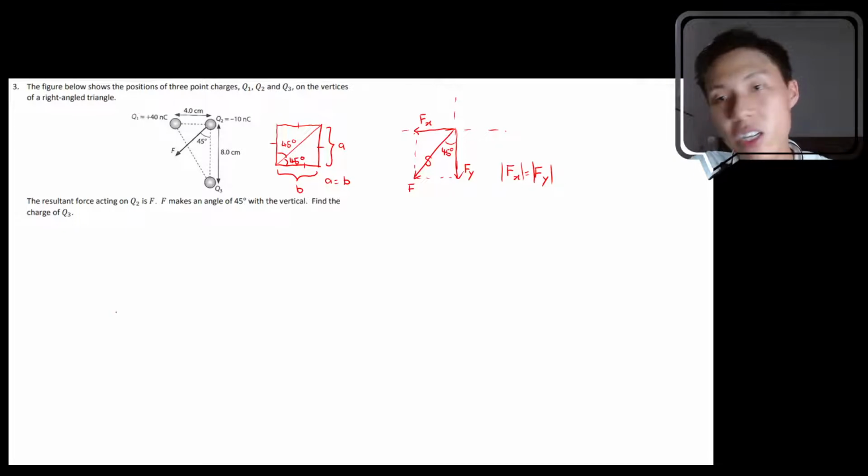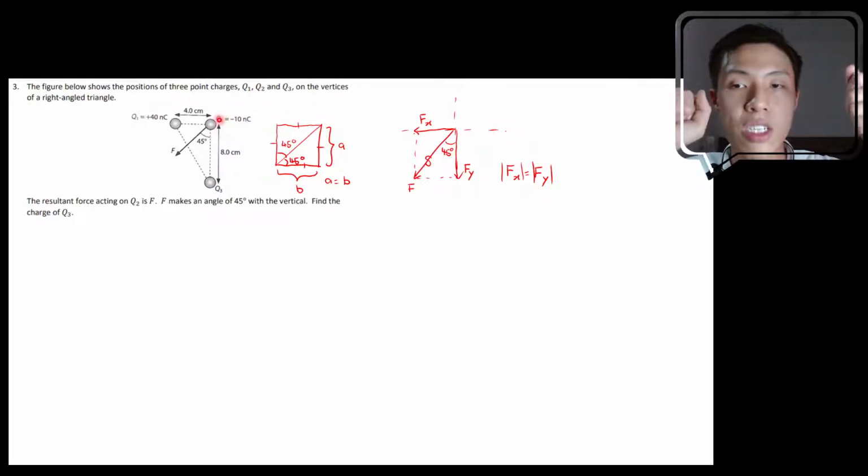Here's how we are going to do it. We are going to draw a diagram to show all the forces being exerted on Q2 first. Once we know all the forces that are being exerted on Q2, then we figure out our next step. Q2 here will experience a few forces due to the presence of Q1 and Q3. Q1 will exert a force on Q2.